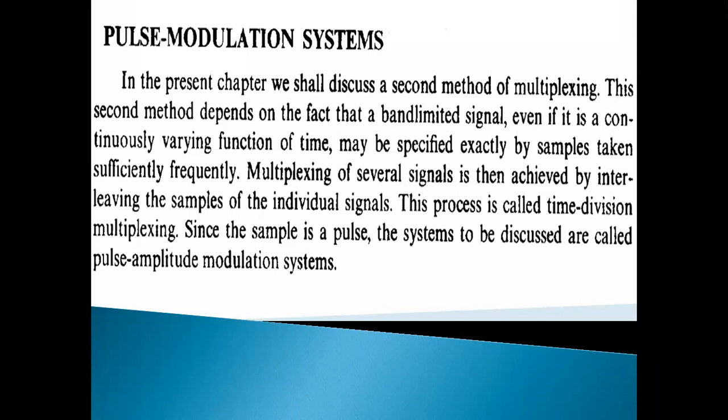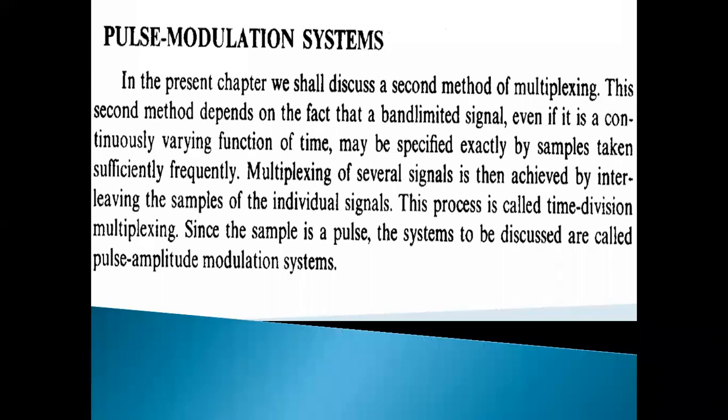But in the pulse modulation scheme, the carrier is a pulse. We are going to discuss different types of modulation schemes: pulse amplitude modulation, pulse width modulation, pulse position modulation.